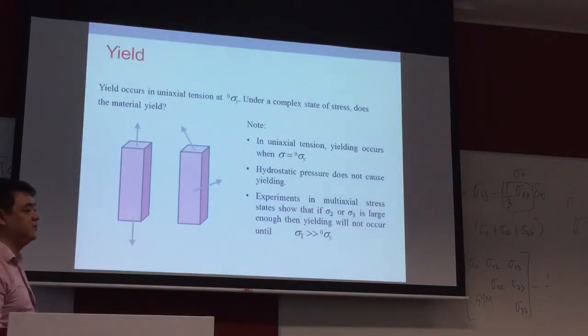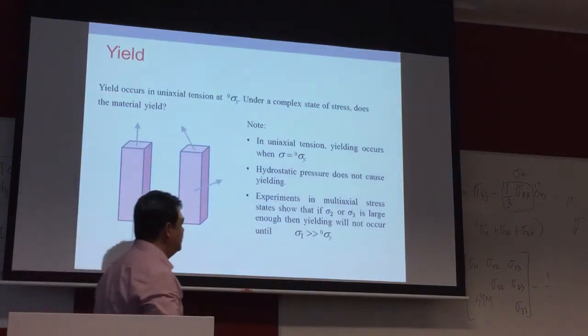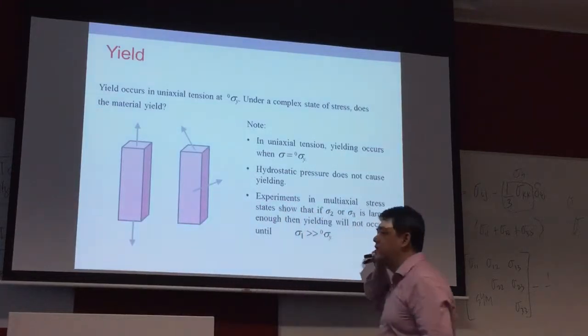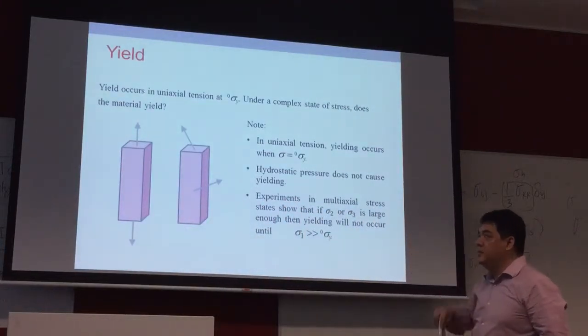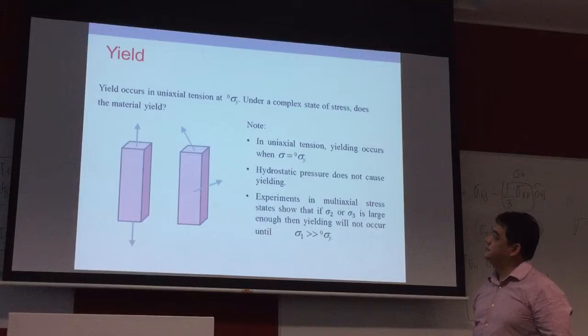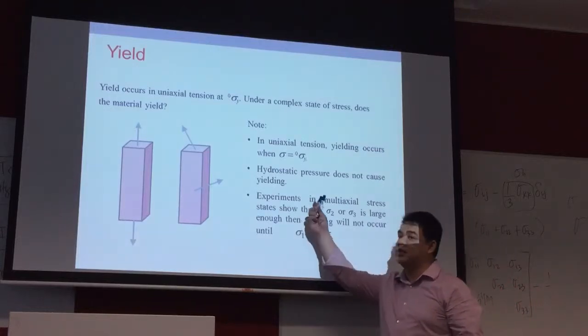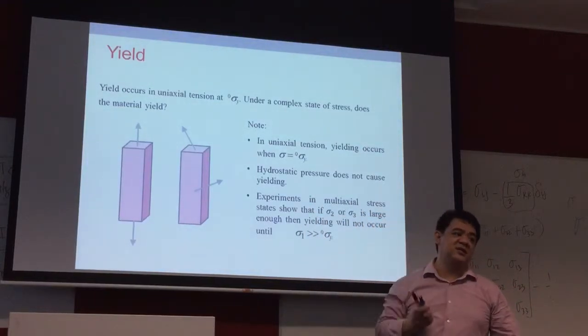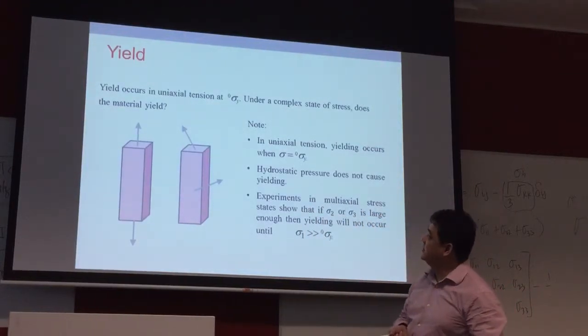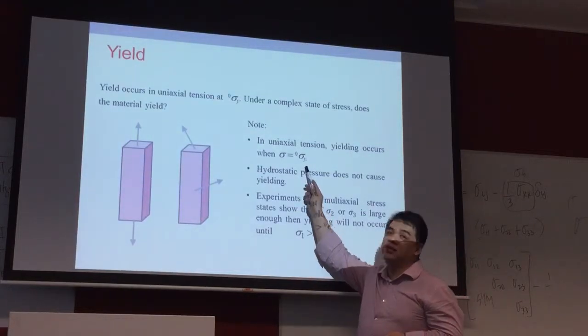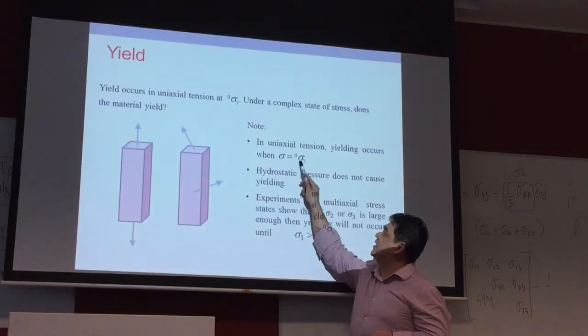So here we go. Let's have a look at this one here. In uniaxial tension, yielding occurs when your stress is equal to your yield stress or yield strength. Again, I'm just following the notations in your book, but this should be just SY.